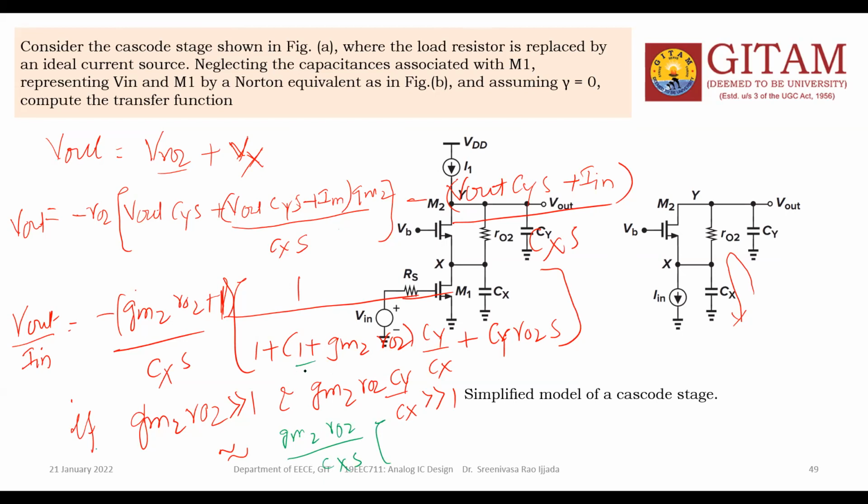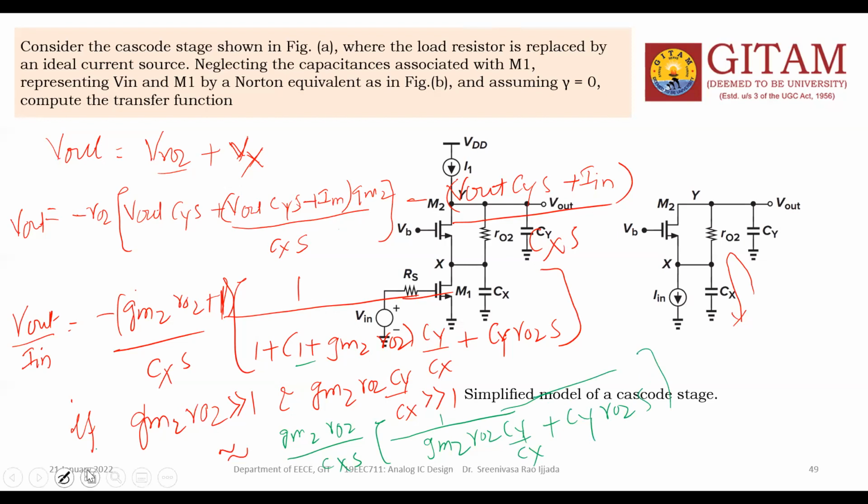So you can write in the denominator: gm2 into r02 into Cy by Cx, plus Cy into r02, yes, this is in the denominator.